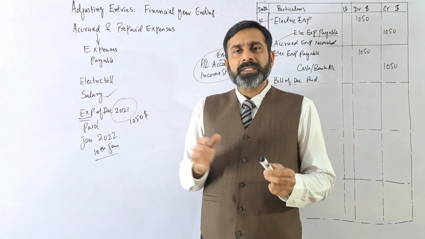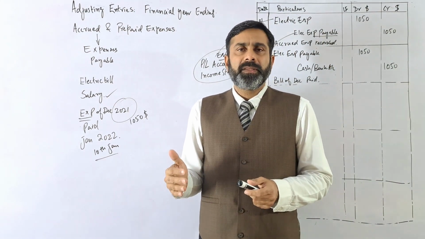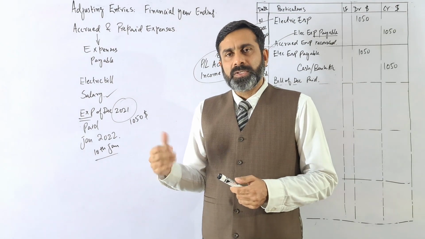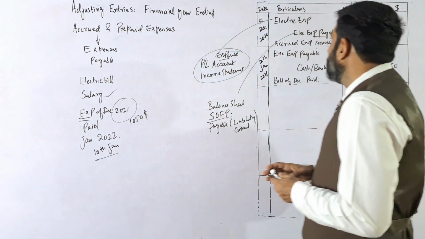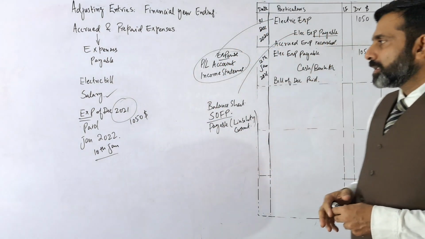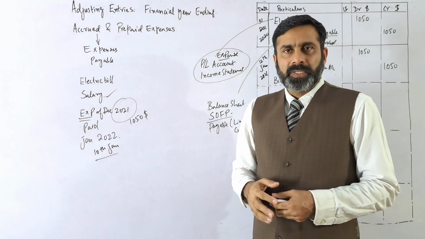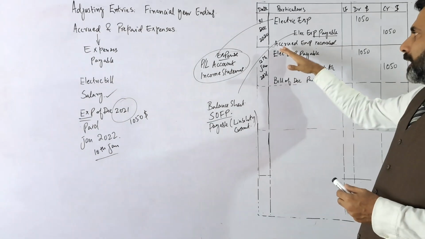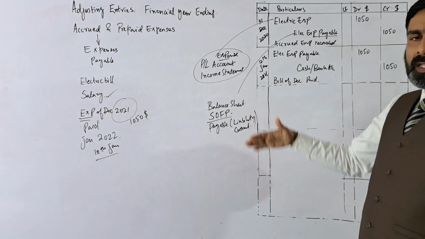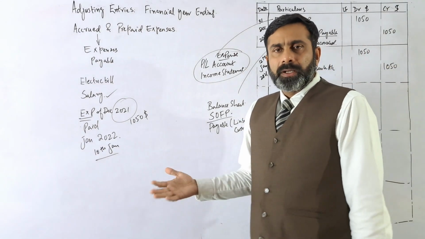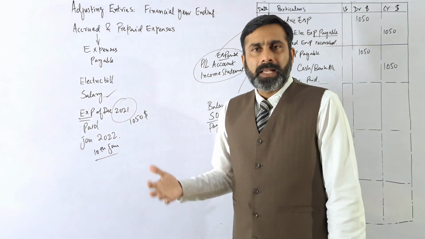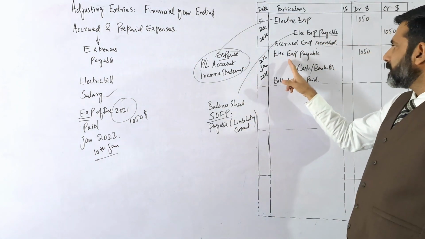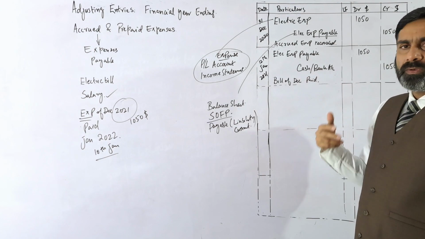So in the next 10 days in January, you have to pay the salary of December. So the same transaction will be there. Instead of electricity expense, we will write salaries expense, and here salary expense payable. And then after 5 days, 10 days, 15 days, as per the agreement with the workers or the labor, when you are paying the salary, that payable will be debited and cash or the bank account will be credited.